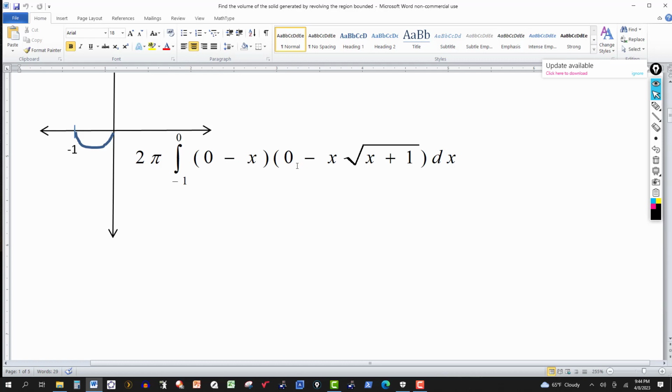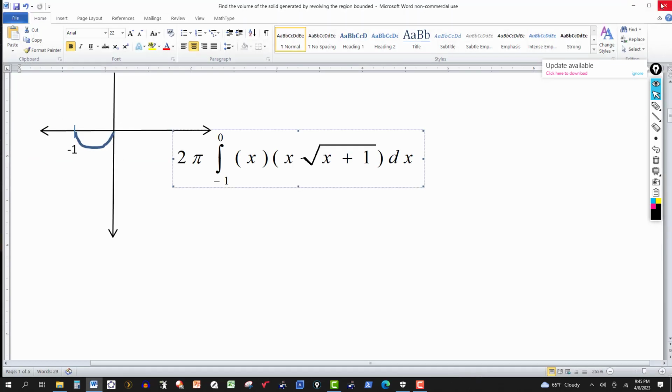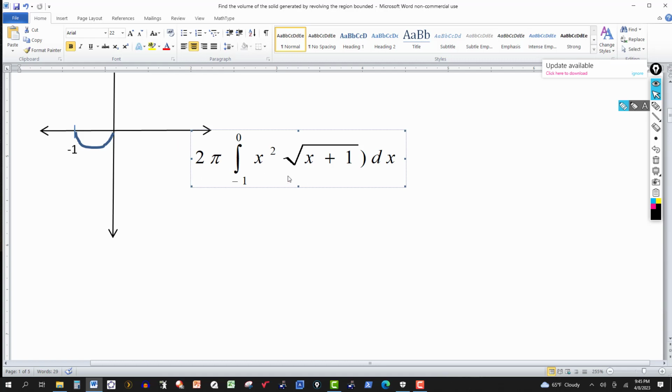This will be minus x here, this will be minus x here, and this we just multiply out. So let me rewrite this. So this becomes this. And of course x times x will give me x squared. So we wind up with this then.